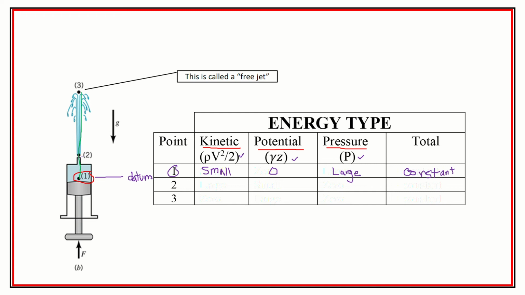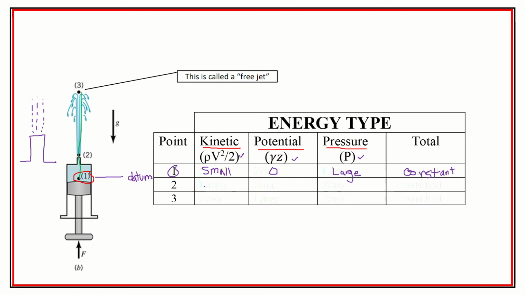At state 2, we have just exited the nozzle. So we might even want to zoom in onto that, and here's our liquid coming out. We're going to have our fastest, our largest amount of speed out of this.